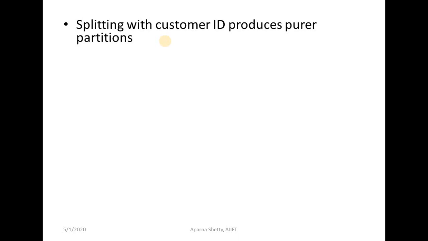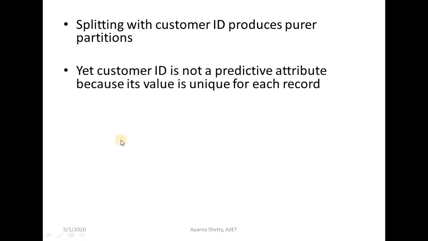You should have different values for customer ID. So splitting with customer ID produces purer partitions, yet customer ID is not a predictive attribute because its value is unique for each record. That is why customer ID is not a predictive attribute.